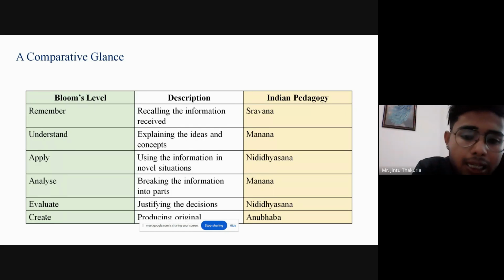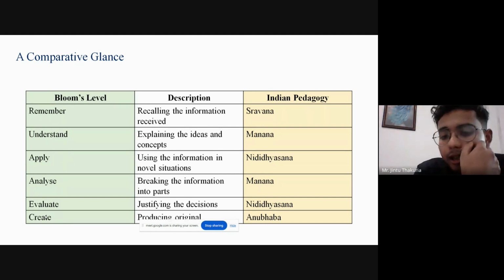That is manana. Then they should also be able to use or apply the information in new or novel situations, which Indian philosophy terms nididhyasana. Then analysis, that is breaking the information into parts, again comes in manana.